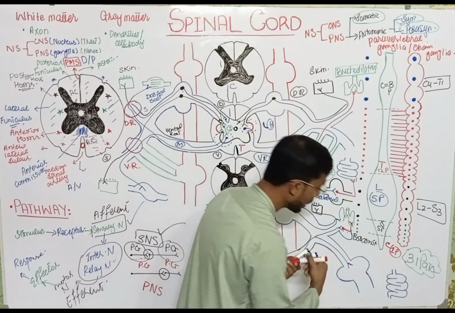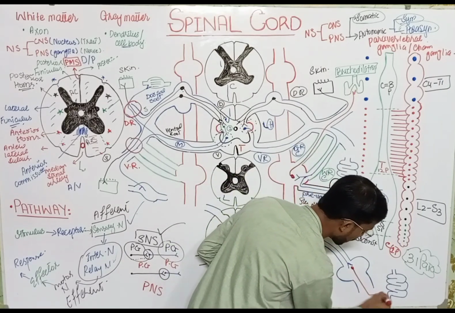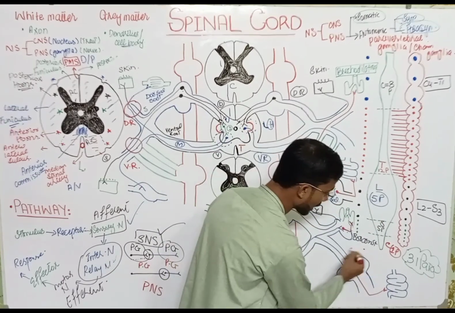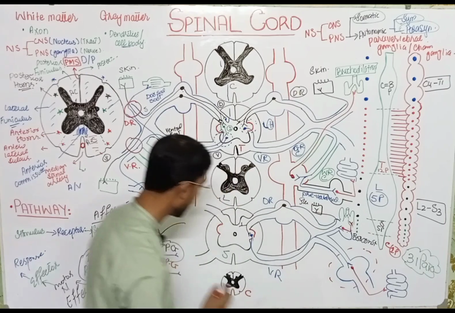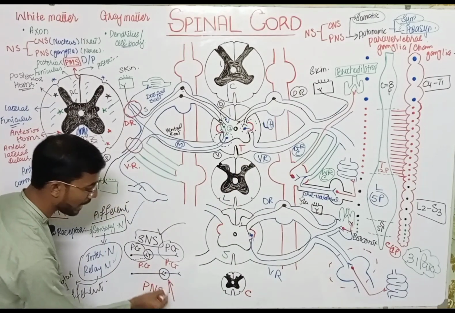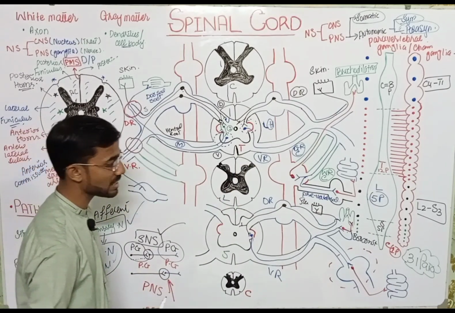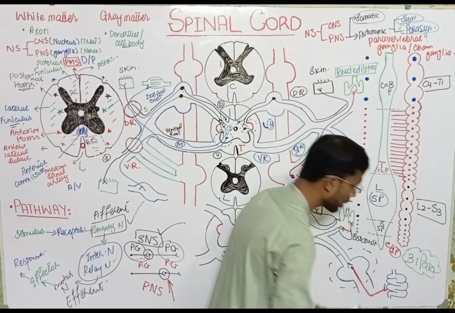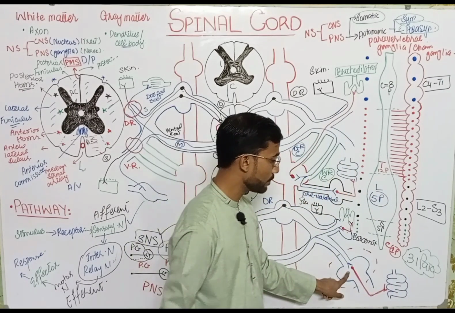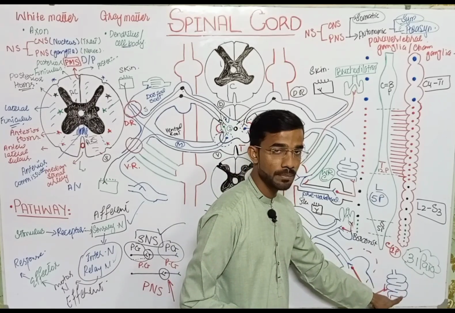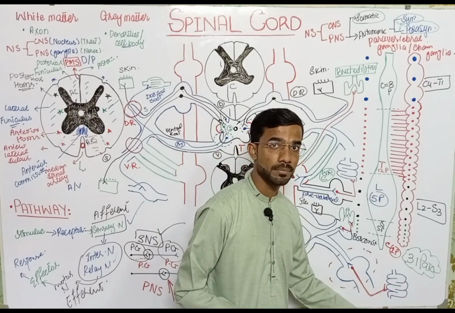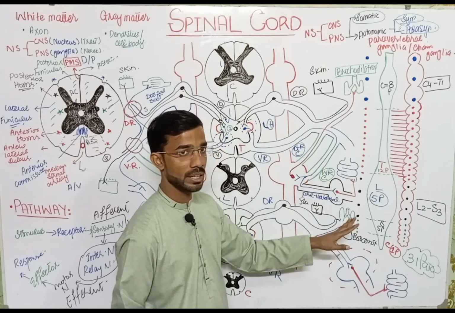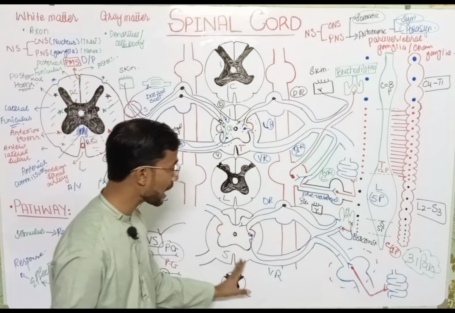So here you see this is the postganglionic, this is the preganglionic, and this is the ganglia of the parasympathetic nervous system. Now this supplies the GIT, so motility increases. In the parasympathetic motility increases, but in the sympathetic motility decreases. So this is the pathway of the parasympathetic nervous system.